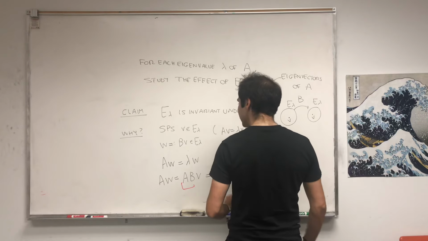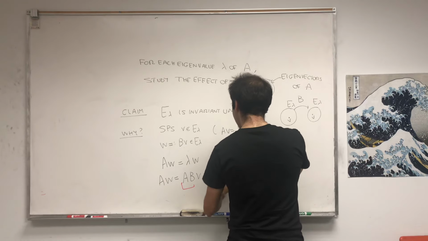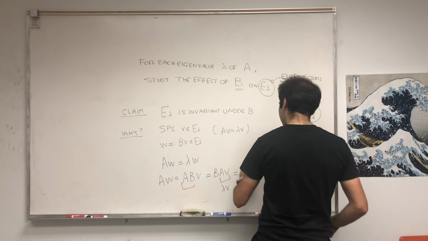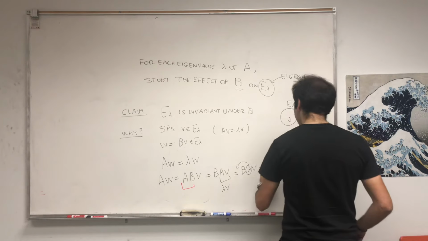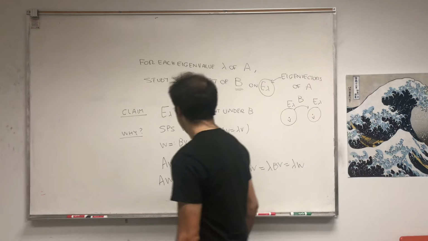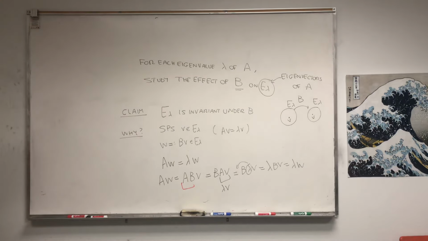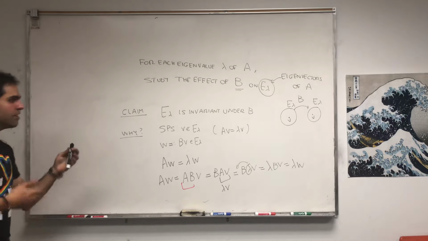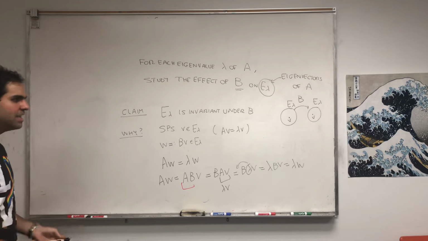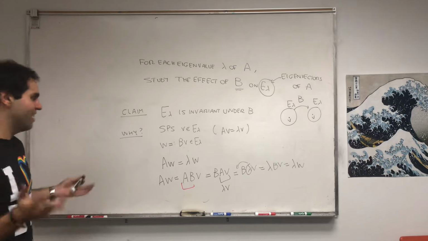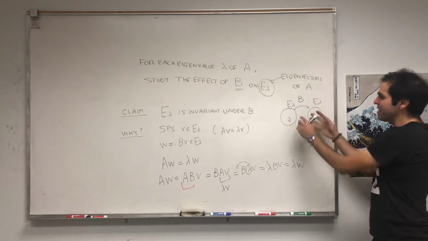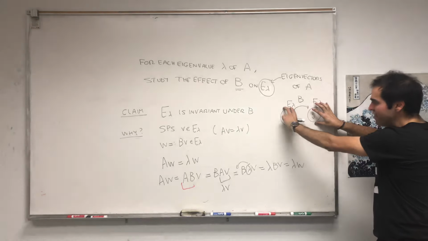So ABV is BAV, but we know that AV is lambda V. So we get B lambda V, and putting this lambda out, we get lambda BV, but that's lambda W. So in other words, what's interesting is, if you have an eigenvector of A, and you apply B to it, BV, it's still an eigenvector of A. So that's interesting. So in particular, as I said, this subspace is invariant.